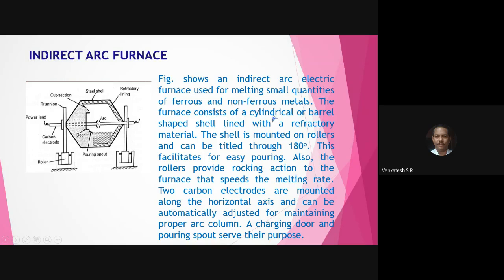a cylindrical or hexagonal barrel shaped shell, lined with a refractory material. All of you write down, this is very, very important.